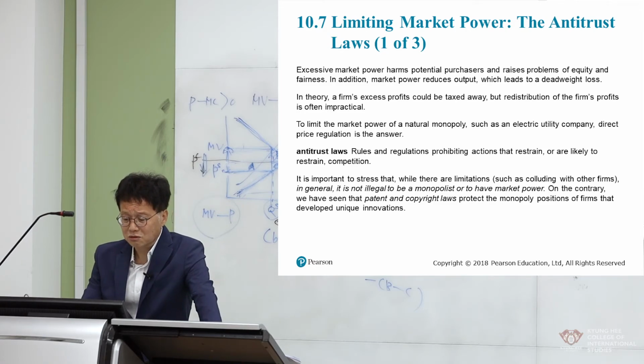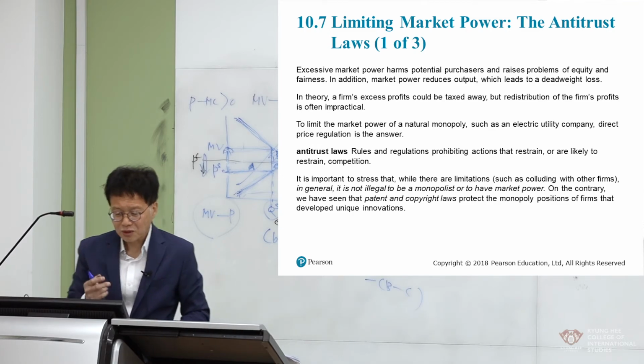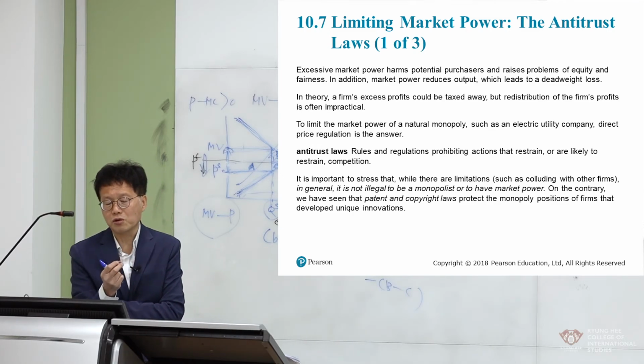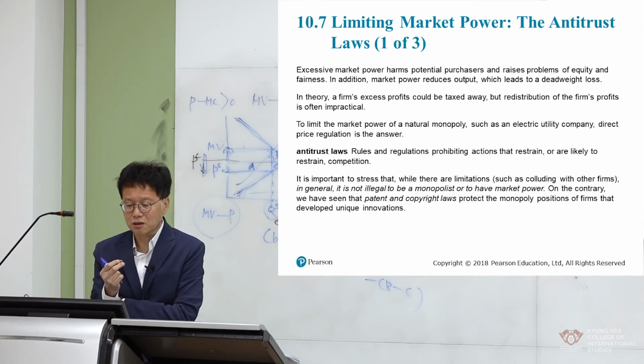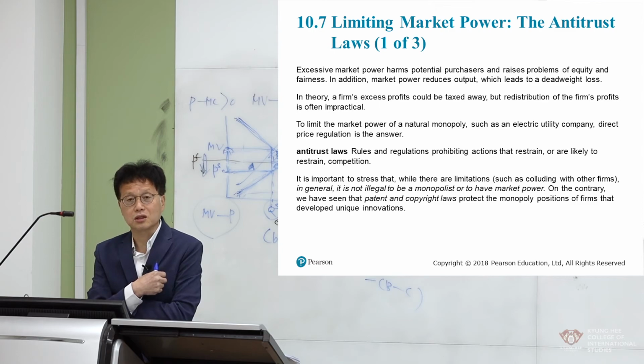It is important to stress that while there are limitations, such as on colluding with other firms, in general it is not illegal to be a monopolist or to have market power. On the contrary, we have seen that patent and copyright law protect the monopoly position of firms that developed a unique innovation, right? So antitrust law is really important, very significant in developed countries, right?